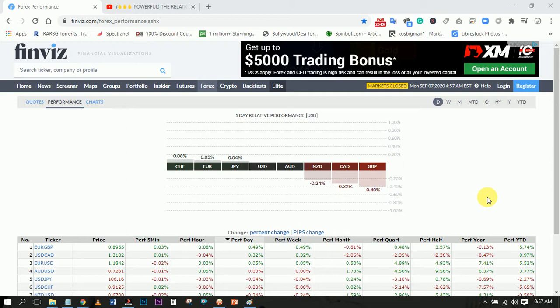Now quickly, it's a saying that you need to understand and know the trend of the market and also to trade along the trend.